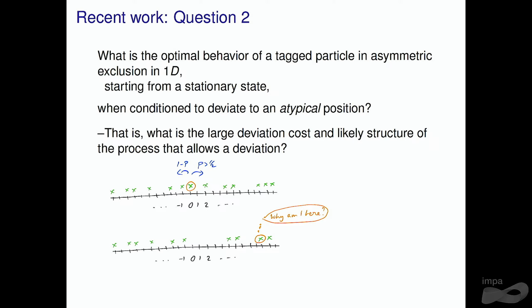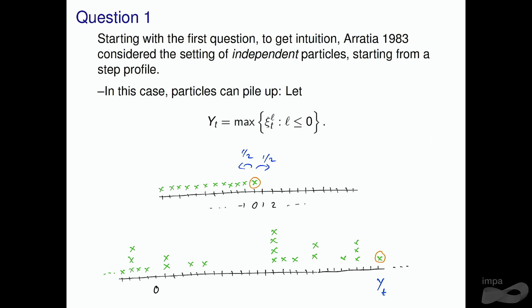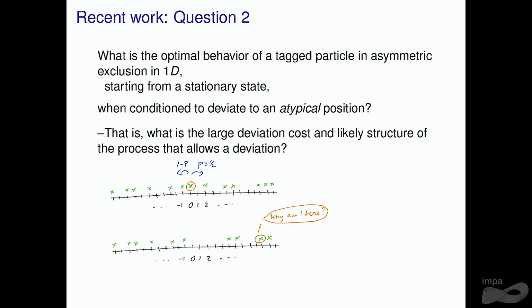What if you violate that? How is that achieved? What are the costs of being somewhere where you shouldn't be? Just the large deviations questions. Okay, so for the second one, we won't start from the step profile, but we'll start from a stationary state.